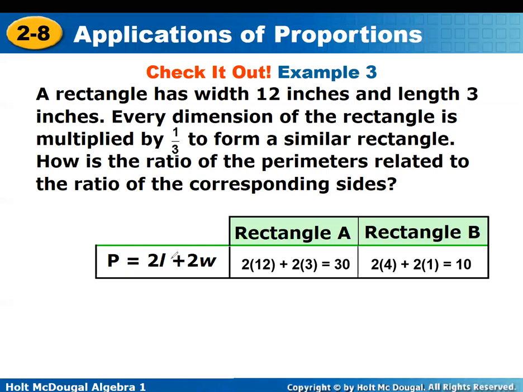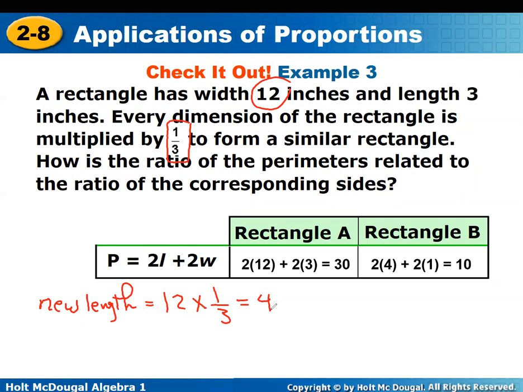I have 12, right? And this is a third. Then I want to find the new length. So the new length will be 12 multiplied by a third. Then it will equal 4. Understood where we get 4?